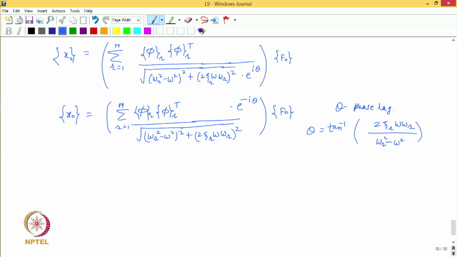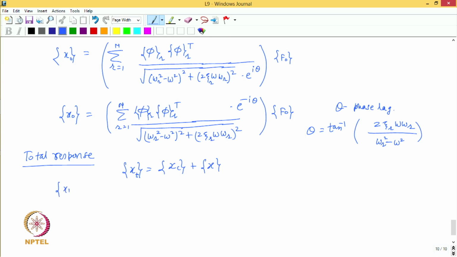So, what is the total solution, right? With this we got the steady state response. So, we can write the complete or total response as the sum of the complementary part and the particular part. Let me use x_t to represent the total response. So, x_t is equal to the complementary part of the response plus the particular part of the response, which is x.